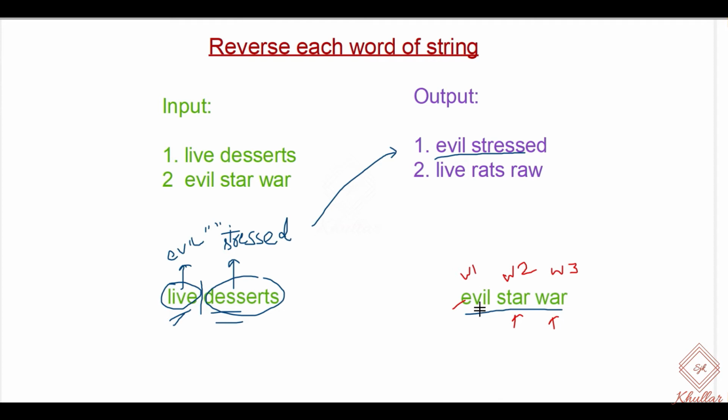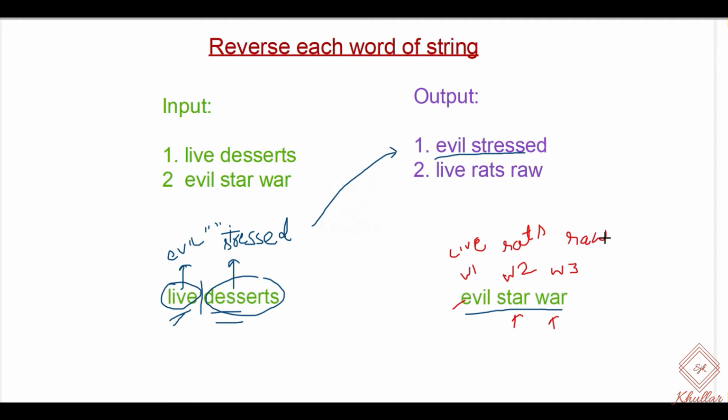If I reverse the first word, then it will become "live", L-I-V-E. And if I reverse the second string, then it will become "rats". And if we reverse the third string, then it will become "raw".